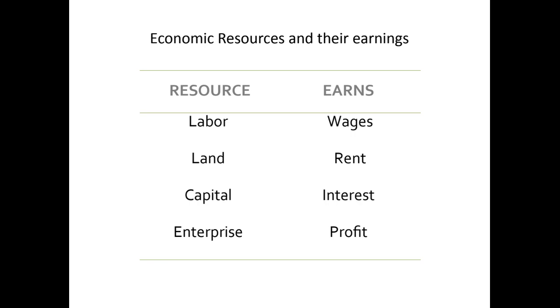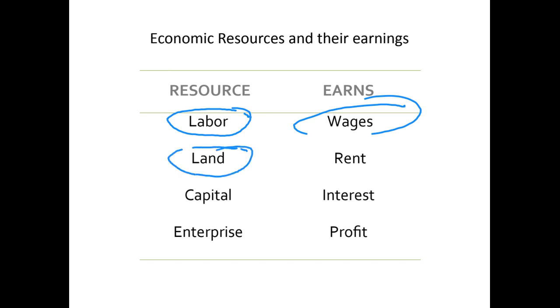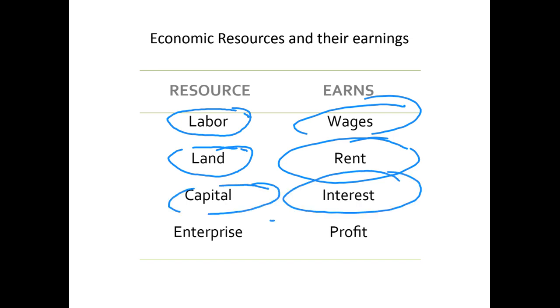The earnings of labor are wages. Land, that is natural resources, you earn rent on natural resources. For capital, you earn interest. For enterprise, it's not wages, it's profit.